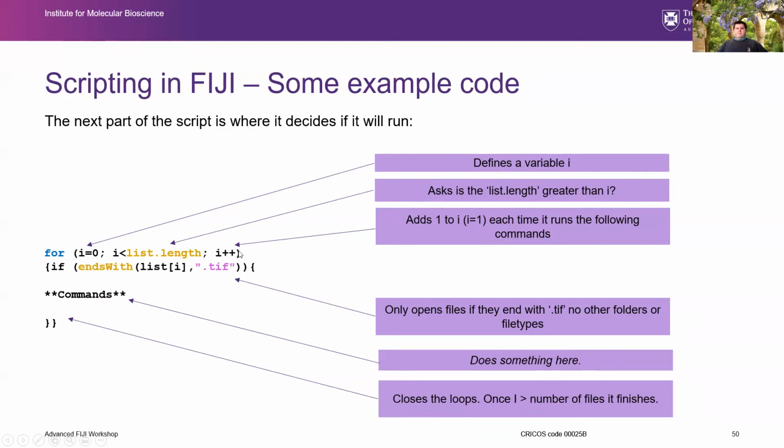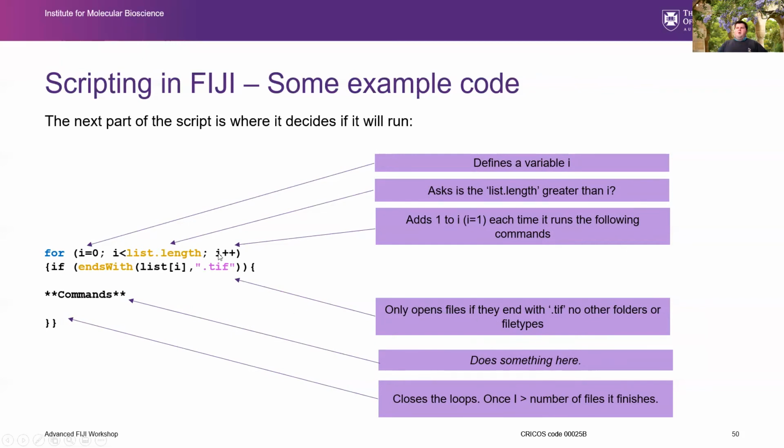When we have these loops, we have the squiggly brackets that then define the grouping of commands that will run within that loop. Now, next, we might want to have a filter. So you may have files that have .tiff, you may have files that have .text that are metadata files in your folder.